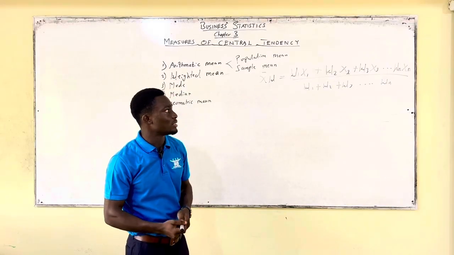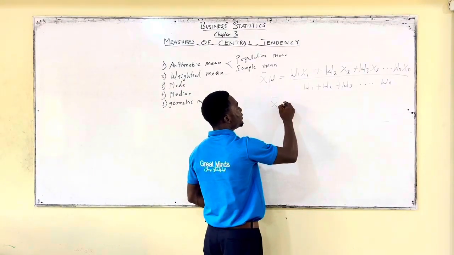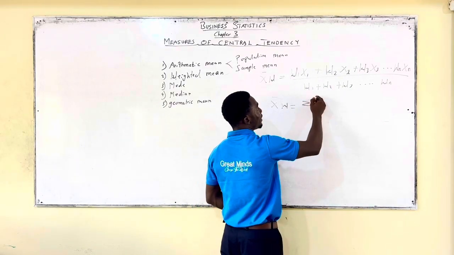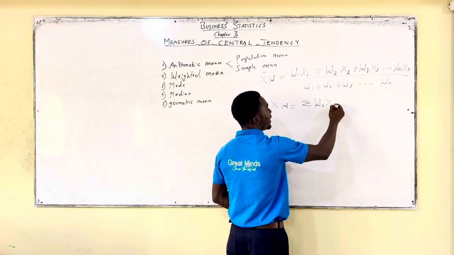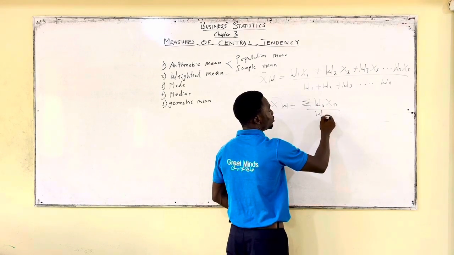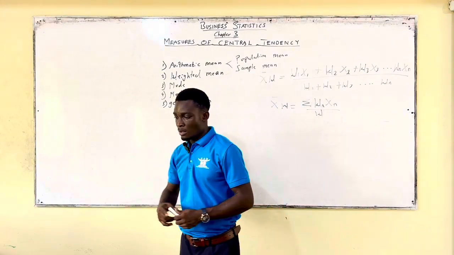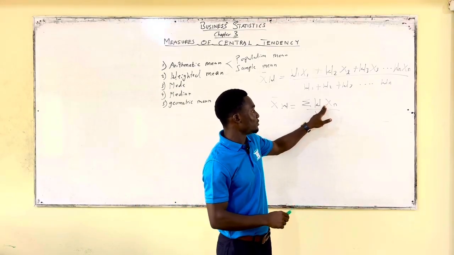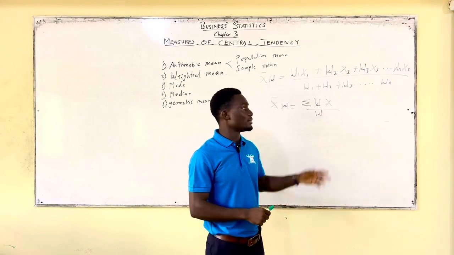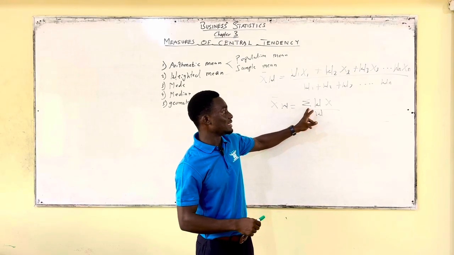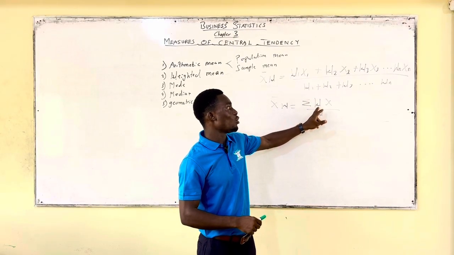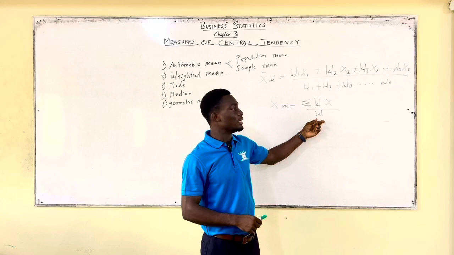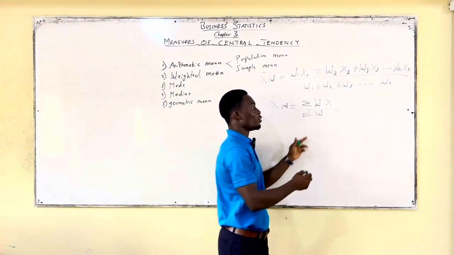So in short, we can say that weighted mean or weighted average is equal to sigma Wx divided by sigma W. This means the summation of all the Wx values divided by the sum of the W values.